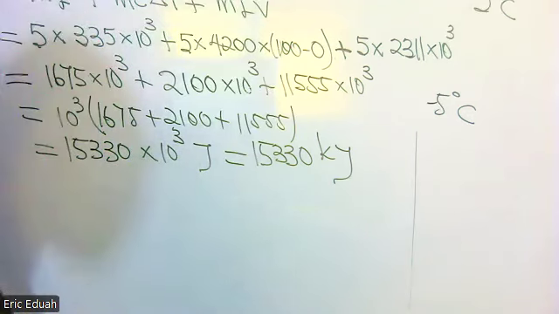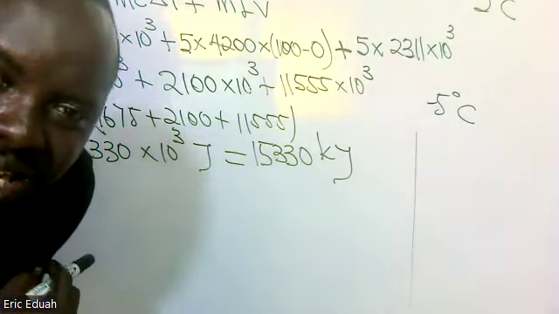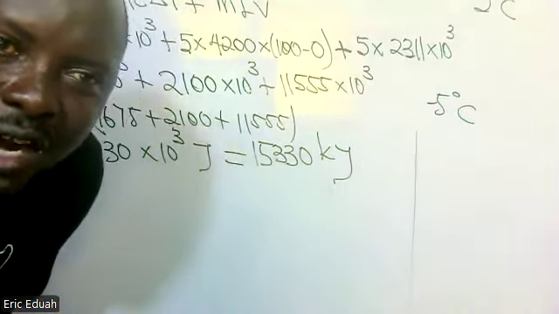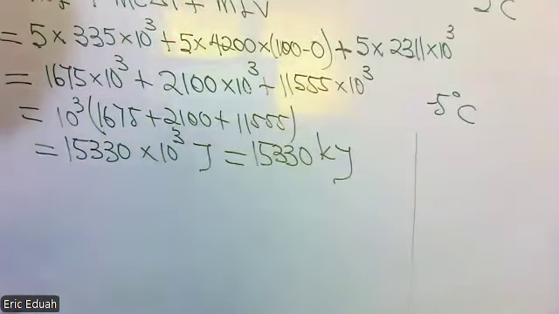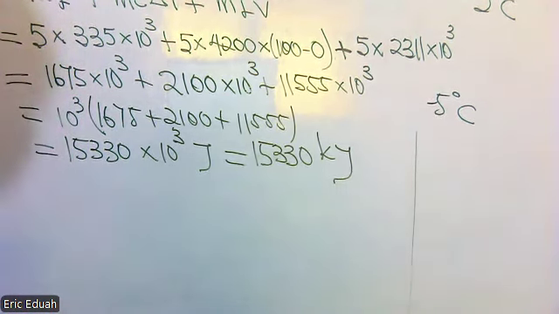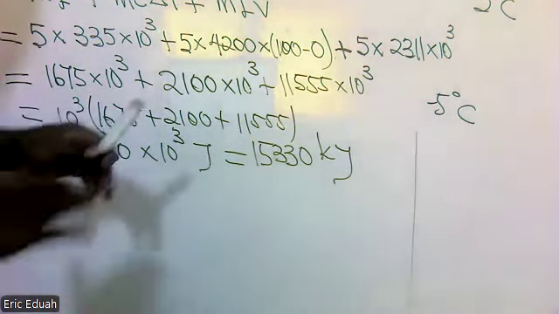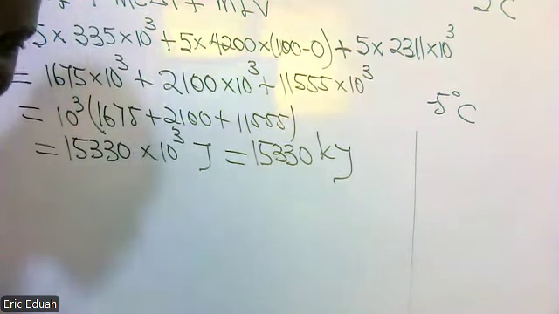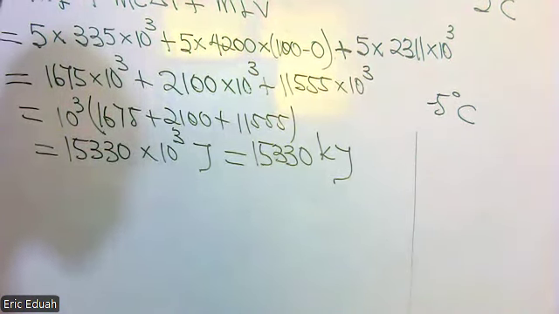So the difference will be the heat energy that must be absorbed to raise its temperature from -5 to 0, and then it will just join what we've done already. So the only difference is that you calculate the heat energy absorbed to raise its temperature from -5 to 0, and that is sensible heat.